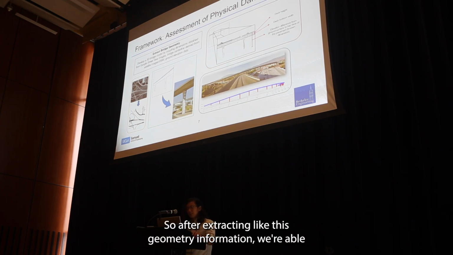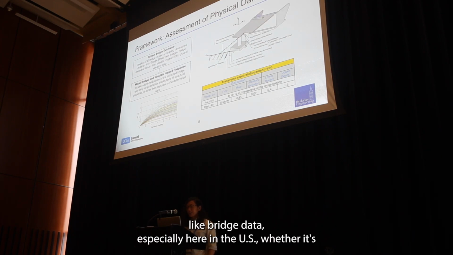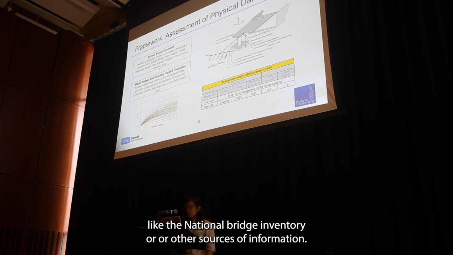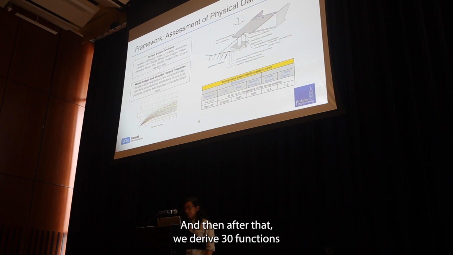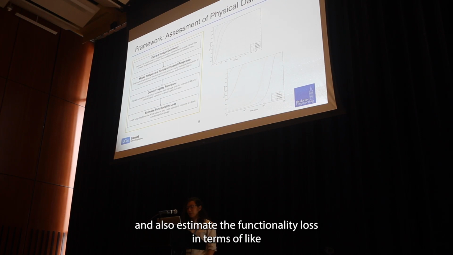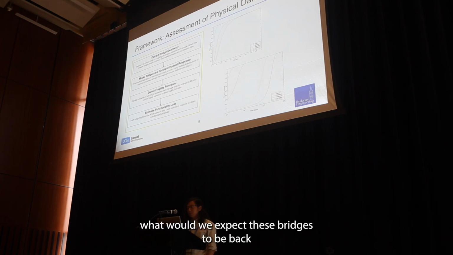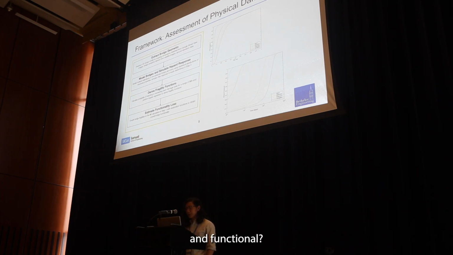After extracting this geometry information, we also extract statistical data from traditional sources of bridge data, especially here in the US, such as the National Bridge Inventory or other sources of information. Then we derive the fragility functions and estimate the functionality loss, meaning after a certain amount of time, how quickly we would expect these bridges to be back and functional.